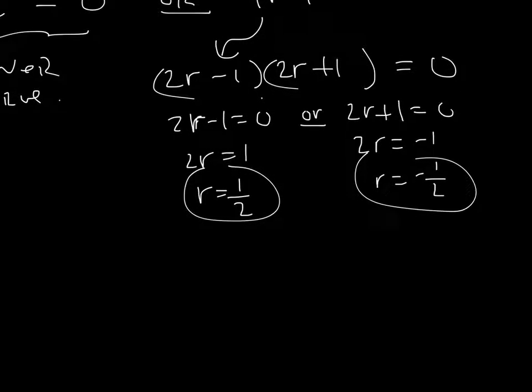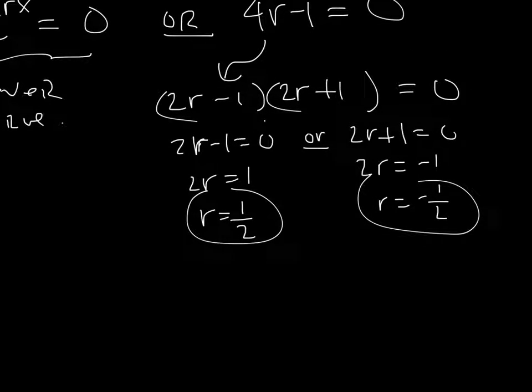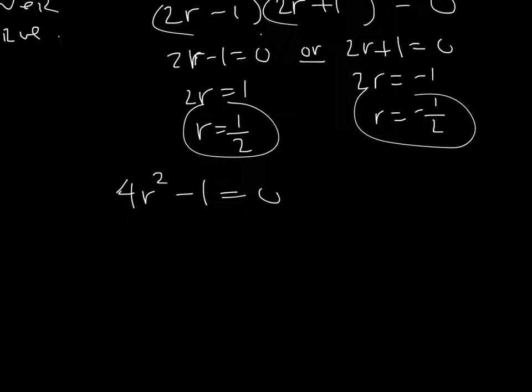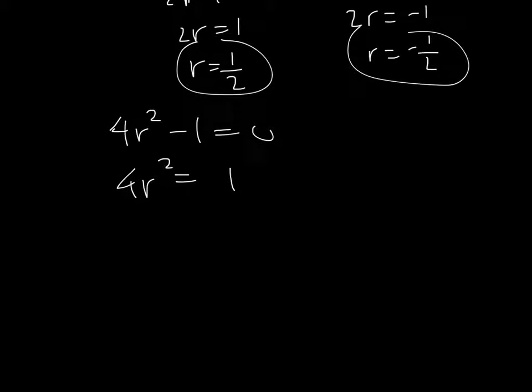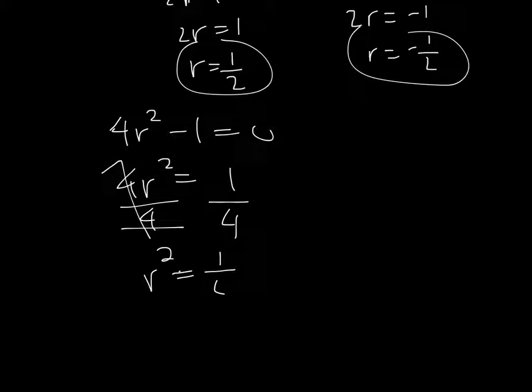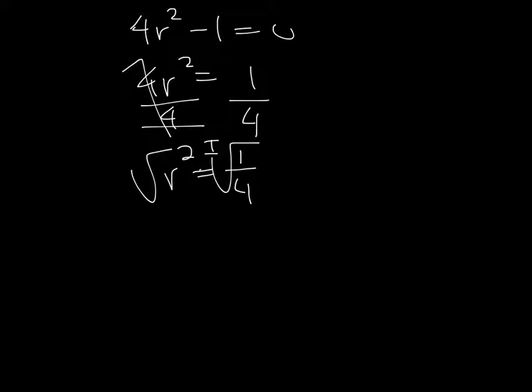If you don't want to use the difference of two squares, you can use the square root property. You add 1 to both sides, and then divide both sides by 4. r squared equals a fourth, and I can take the square root of both sides, but remember when you take the square root, you have to add the plus or minus.